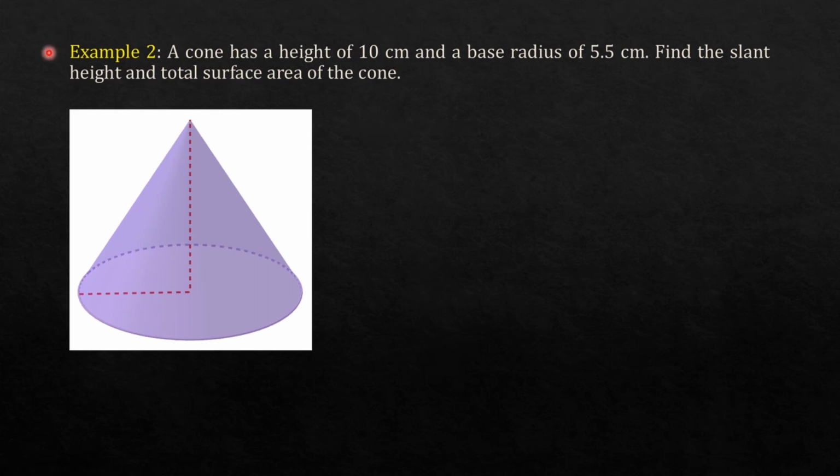Let's do example 2. The cone has a height of 10 centimeters and a base radius of 5.5 centimeters. Find the slant height and total surface area of the cone. We will label the diagram. The height is 10 centimeters and the radius is 5.5 centimeters.